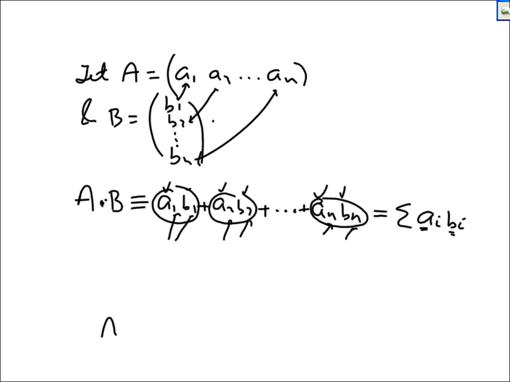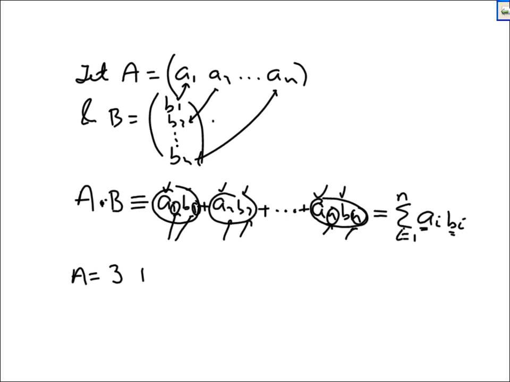So I call them i, and i goes from 1 all the way up to n. It's the summation of A_i B_i. Okay. That is the dot product. Nothing major. Multiply the first two entries plus multiply the second two entries, etc.